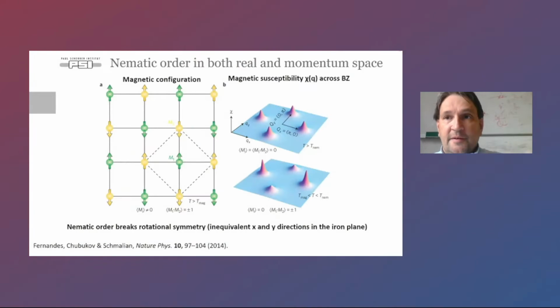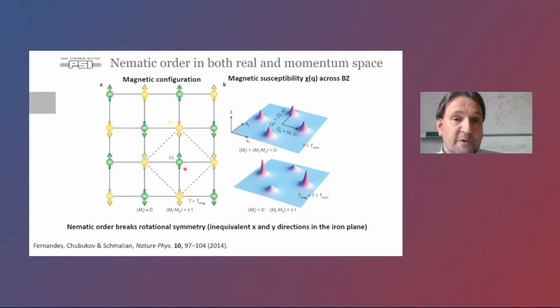Let me begin with reminding all of us how you define nematic order in real and momentum space, in particular in the case of iron-based superconductors. On the left side, panel A, I show the typical magnetic configuration for the parent compound, barium iron arsenide, where you have in the A direction a ferromagnetic coupling and in the B direction an antiferromagnetic coupling.